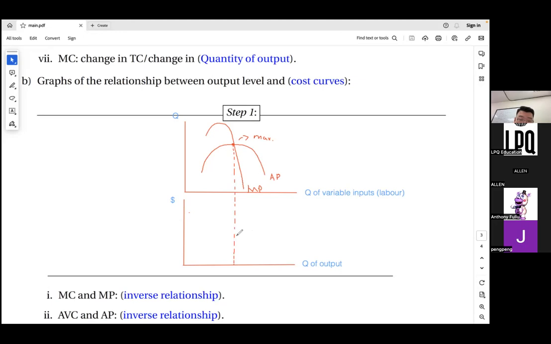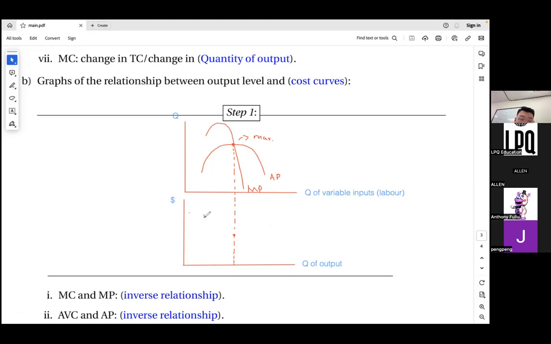The first one is called AVC. Just like Pong Pong said, we just flip the AP. We draw a mirror image of AP. That means there is an inverse relationship between MC and MP, and between AVC and AP.